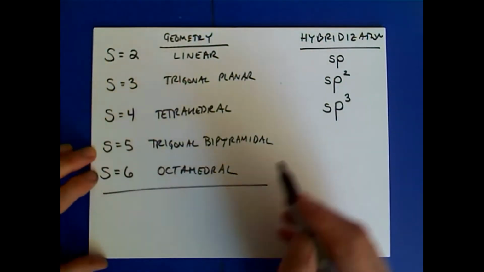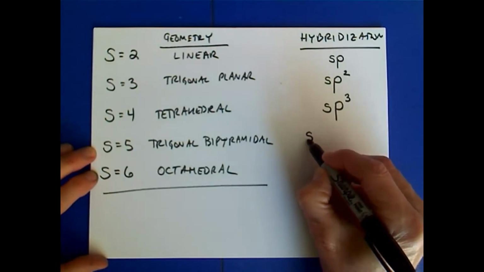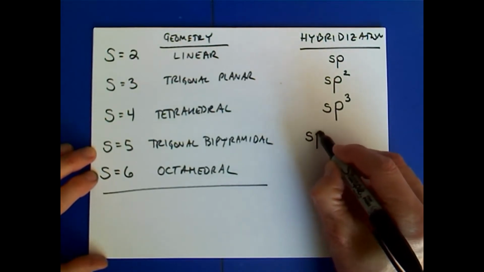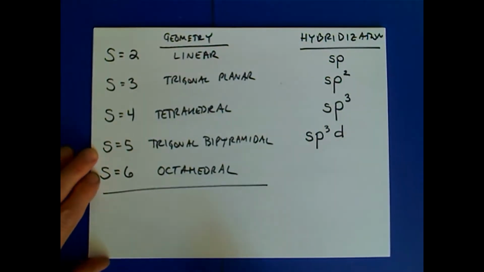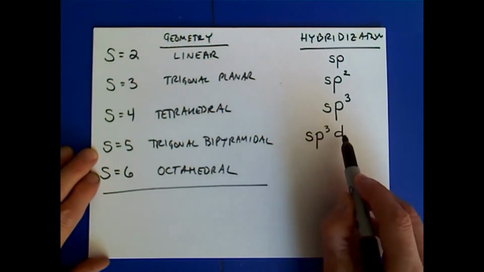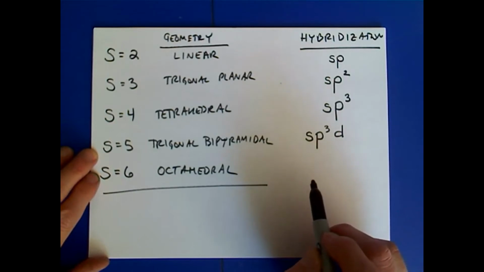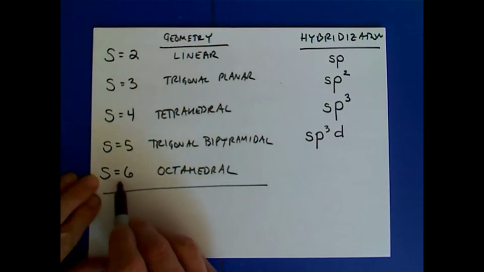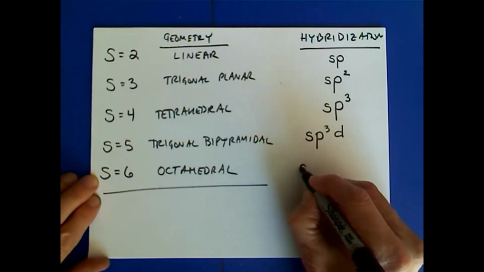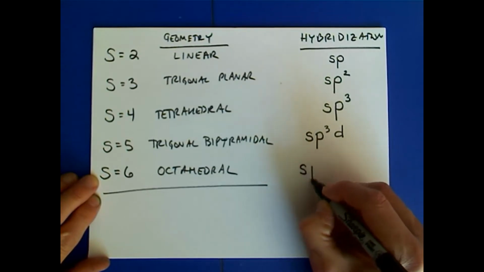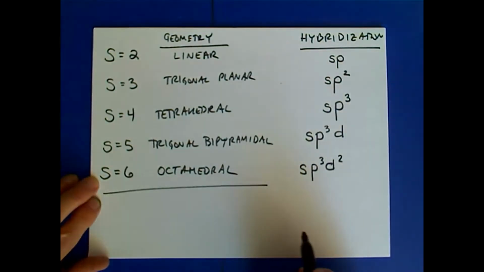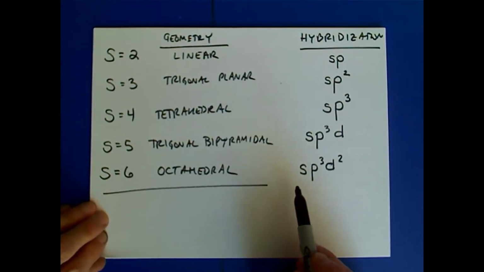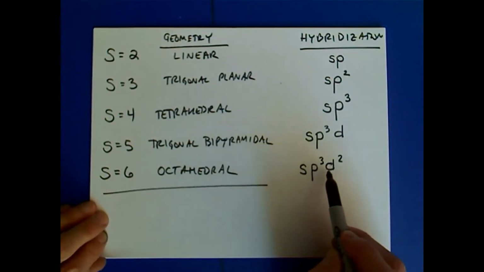For a steric number 5, we hybridize an s orbital, 3 p orbitals, and a single d orbital on the central atom to get what's called an sp3d hybridized atom. In the case of steric number 6, the central atom has an s orbital, 3 p orbitals, and 2 d orbitals to form hybridization on the central atom that's known as sp3d2.